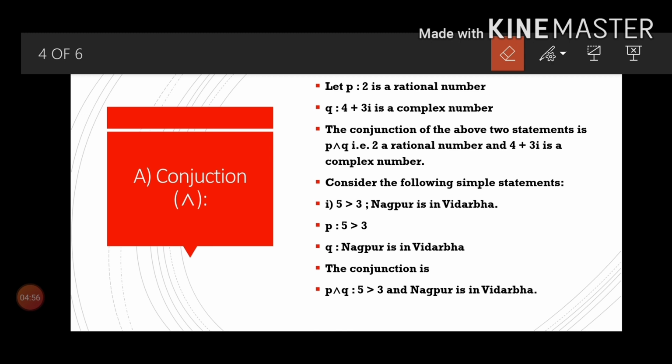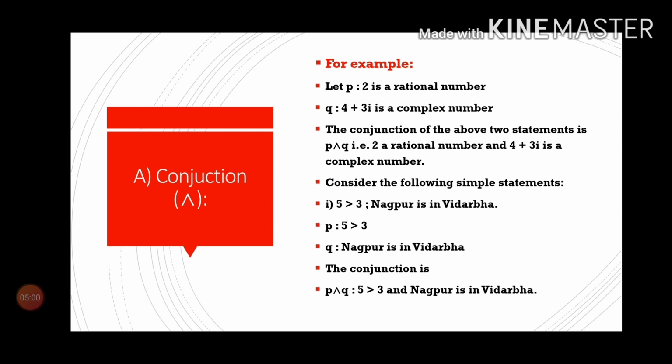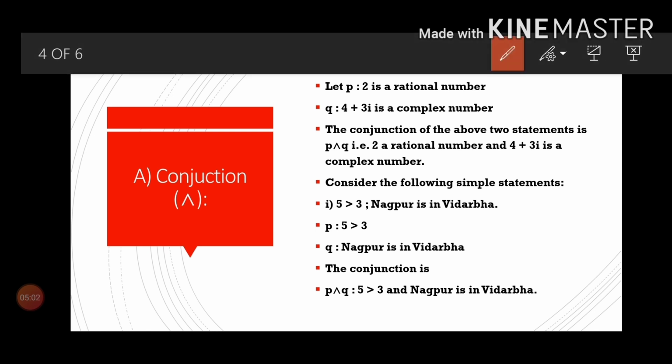Now first question. Let P be '2 is a rational number', and Q be '4 plus 3i is a complex number'. These are two simple statements.